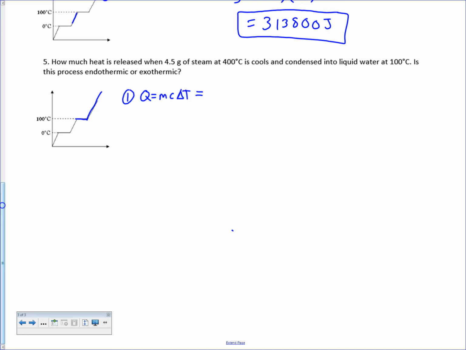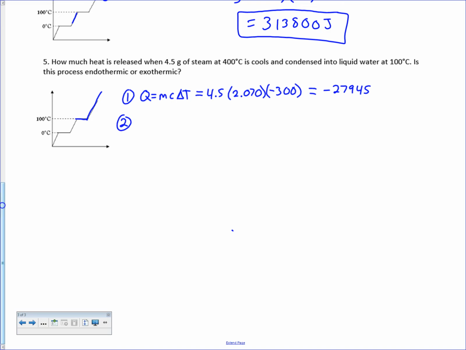M in this case is 4.5. C is 2.070 for steam. Delta T is negative 300, because it goes from 400 down to 100. We multiply those all by each other, we get negative 27,945. The next step is to condense it.